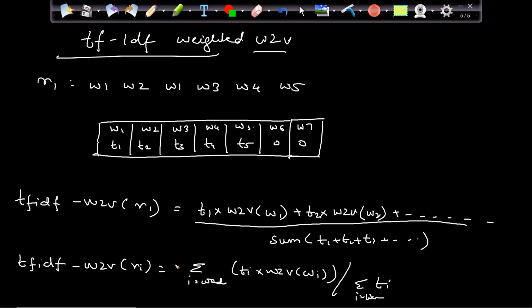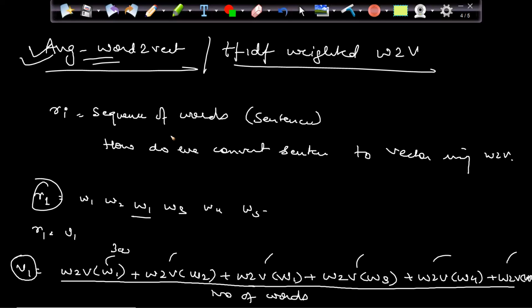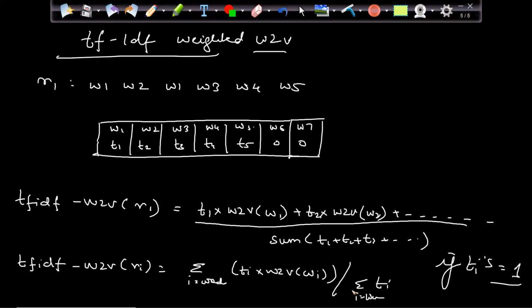Now, if all my Tis are 1, then can I say it is actually the average? If all my Tis are 1, that is actually nothing but my average word to vec. Because see, here all the Tis are 1. That means the denominator is nothing but the number of words.